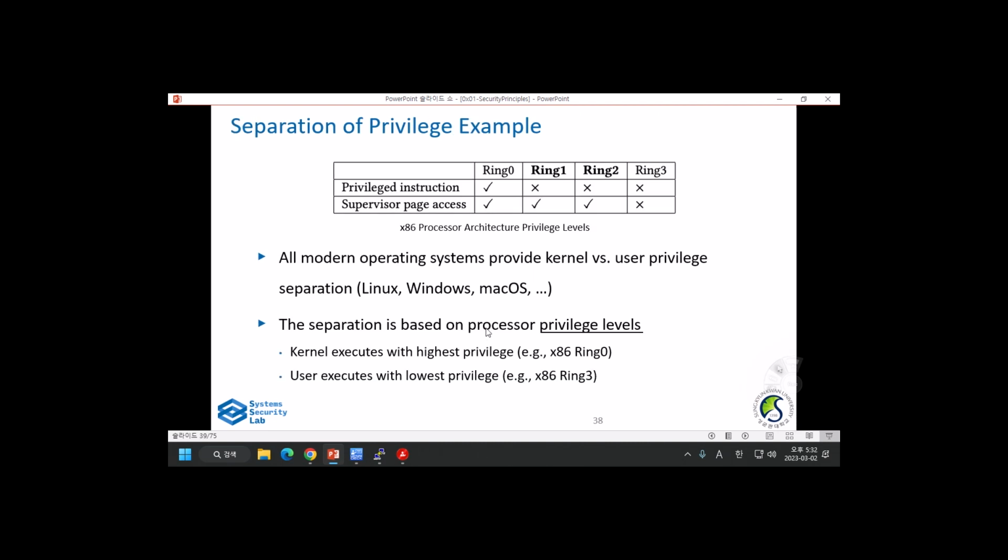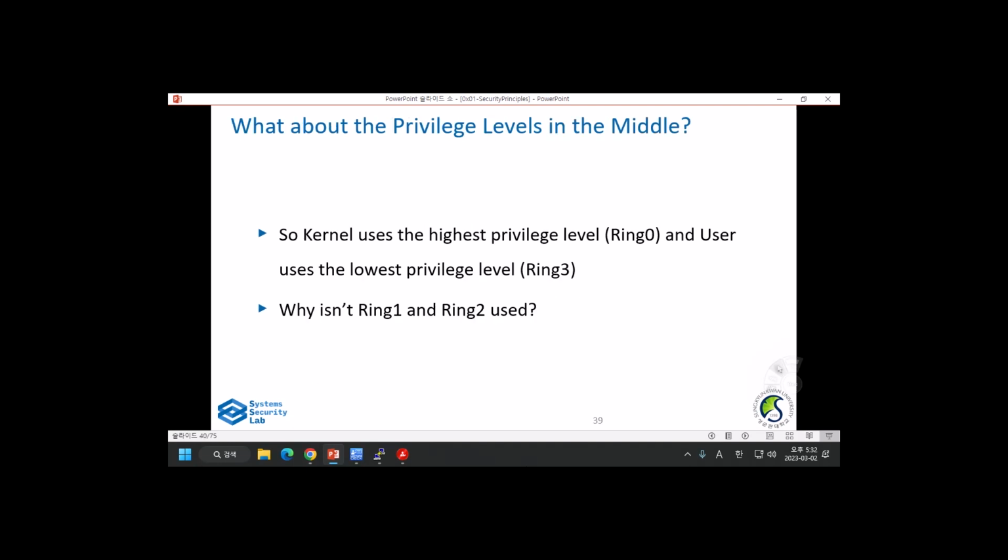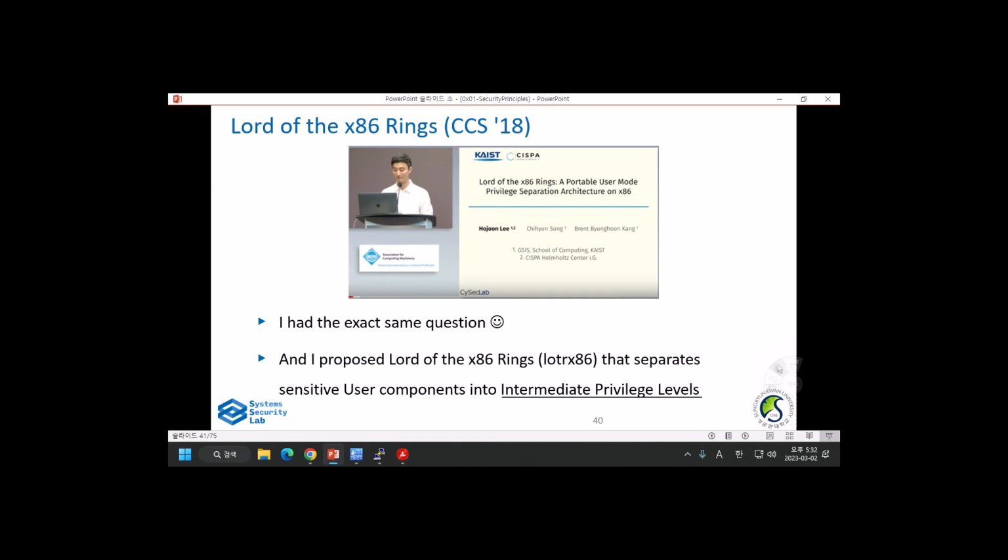So some of you might be wondering, we have ring 0 and ring 3, right? For kernel and the user. But why aren't we using ring 1 and ring 2? So I had the same question. If you're interested, you can read my paper.